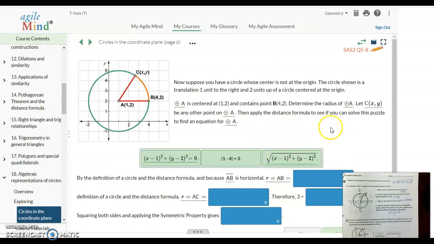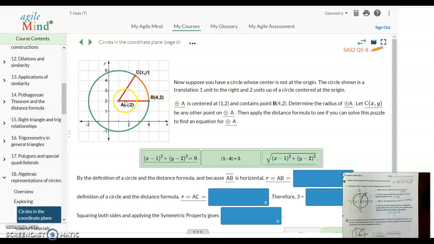All right, so this is what you have for 3 through 6. We're supposing we have a circle now where the center is at a different place besides the origin. In this case, the circle we just looked at has been translated 1 unit to the right and 2 units up, so its center is at the point 1, 2. We still have a radius of 3, just like we did in our previous problem.